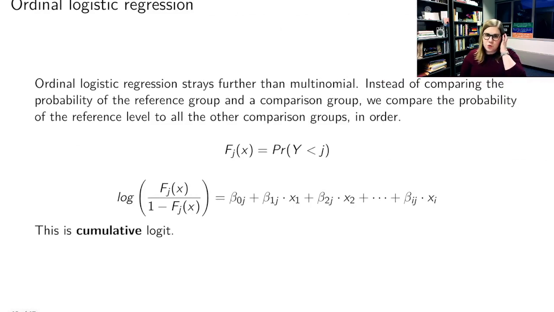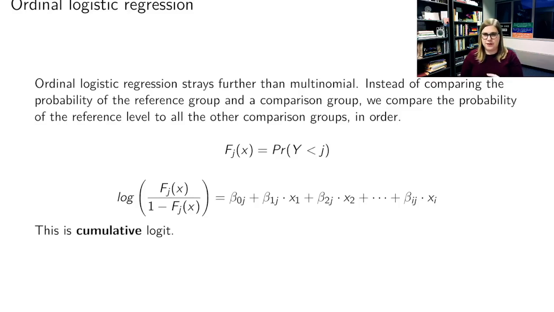And if we were going to do ordinal logistic regression, it's a little bit different from standard logistic regression, because instead of comparing the probability of the reference group and then a comparison group, we're going to compare the probability of the reference level to all the other comparison groups in order. So we're going to say, what's the probability that the value of the response is less than a certain level?